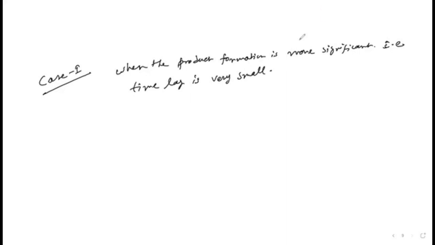Product formation is very strong. That means K3 is very, very greater than K2. What I say? K3 is very, very greater than K2. Product formation is more important. Then we can write K3 plus K2A is nearly equal to K3.